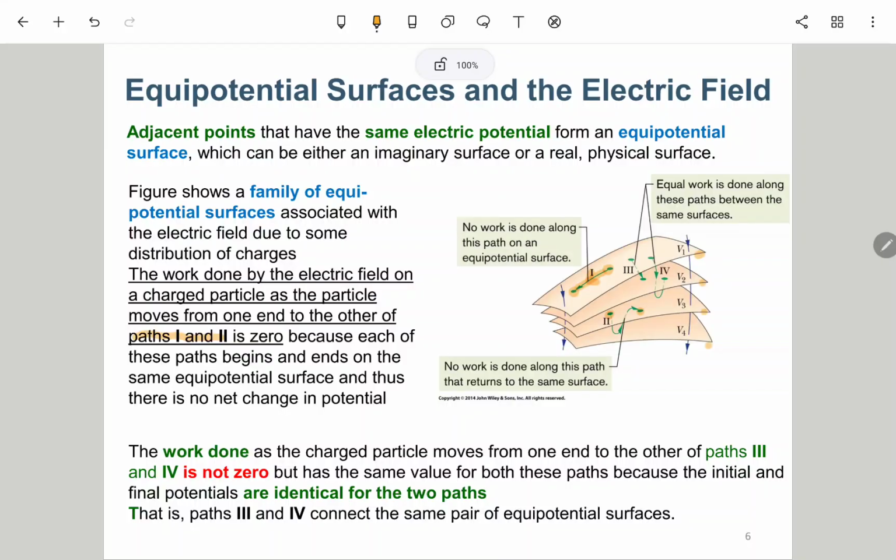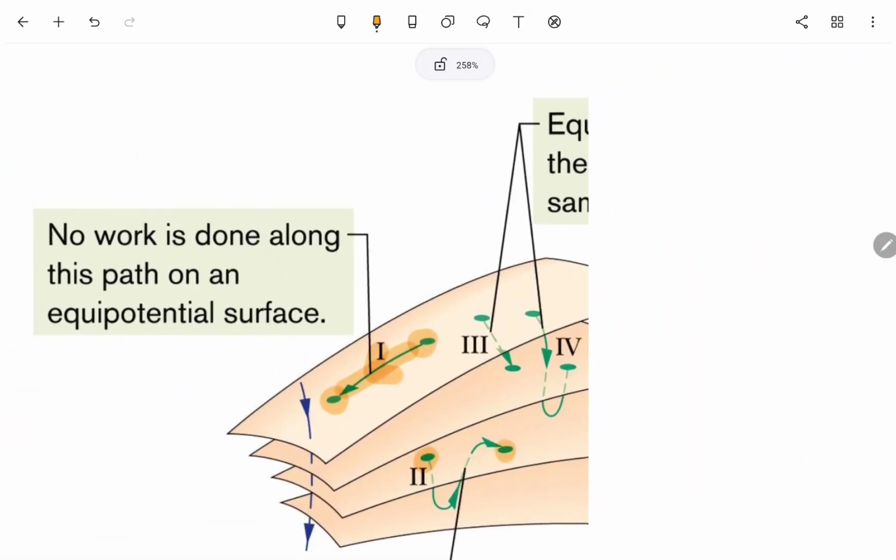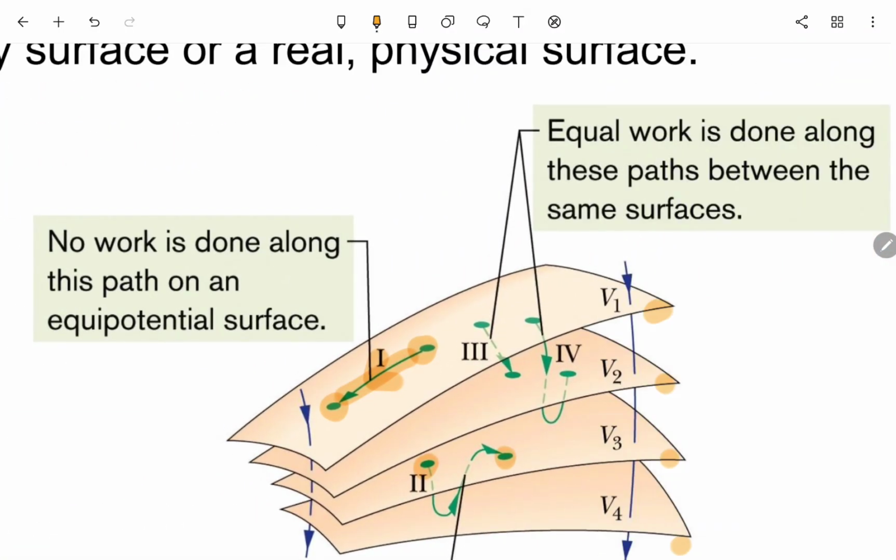The next one: the work done as the charged particle moves from one end to the other along path 3 and path 4 is not 0. For path 3, it starts from V1 and ends at V2.